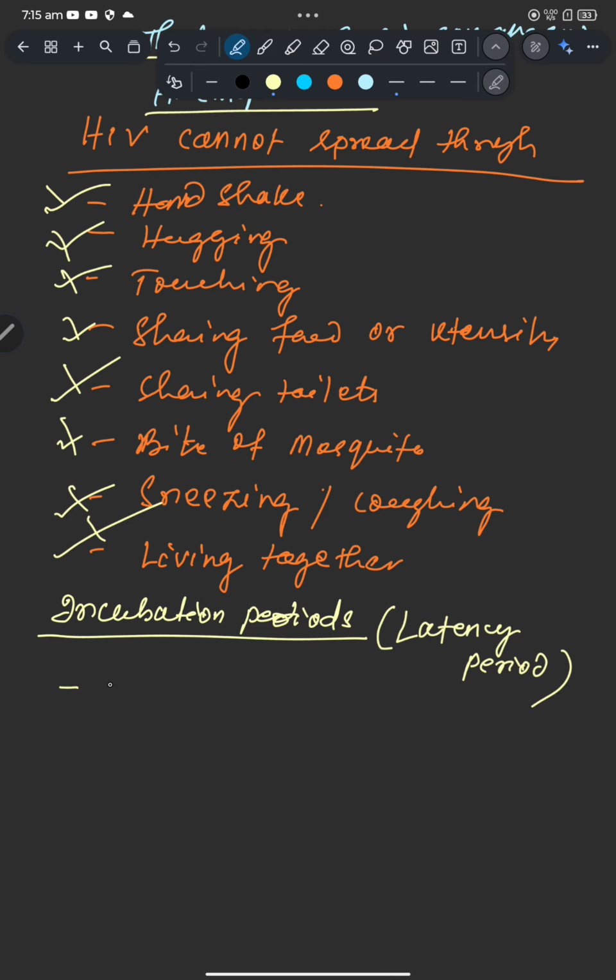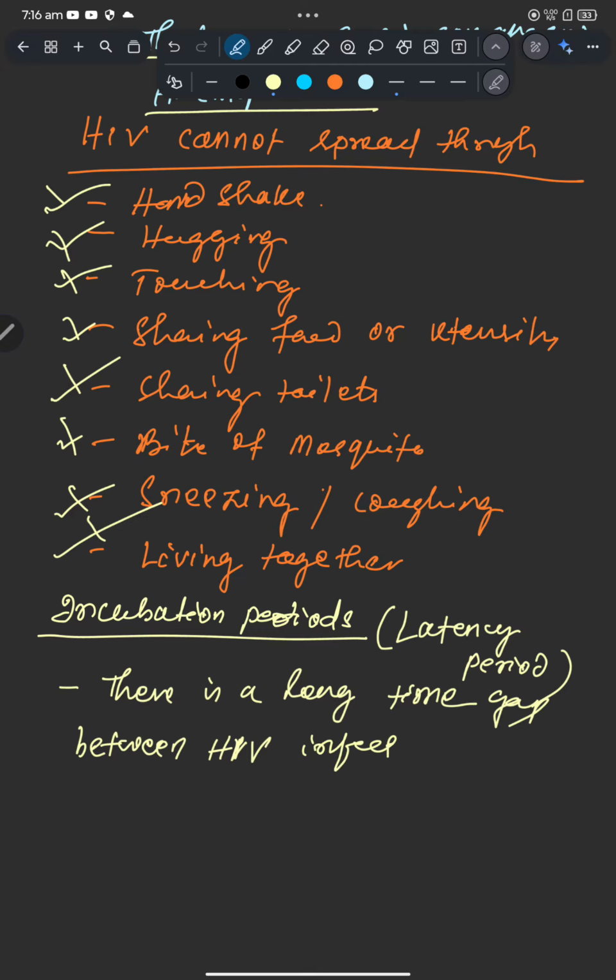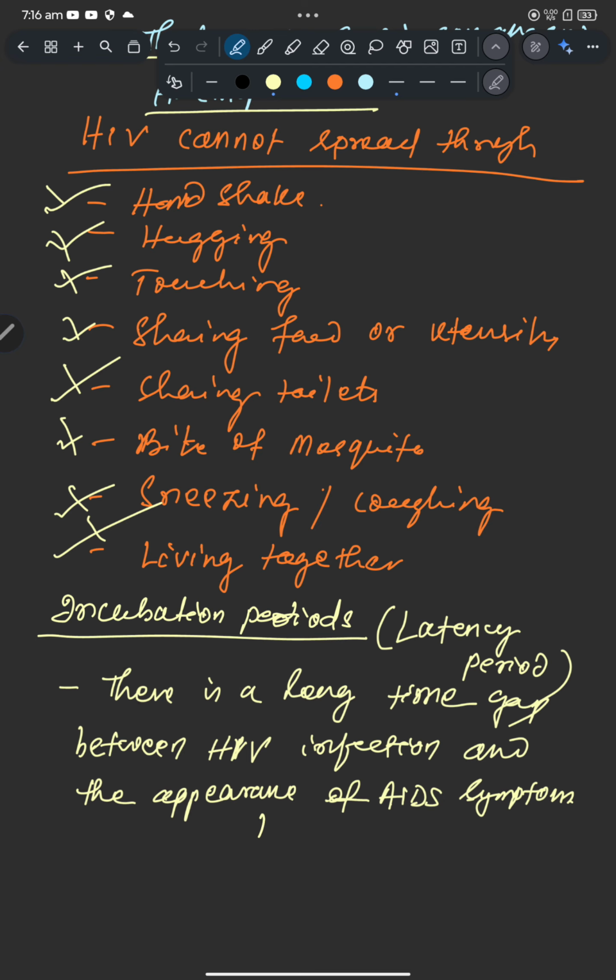There is a long time gap between HIV infection and the appearance of AIDS symptoms. So this time period is called latency period or incubation period.